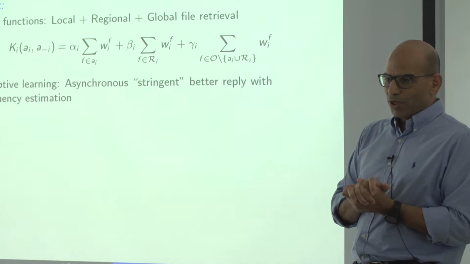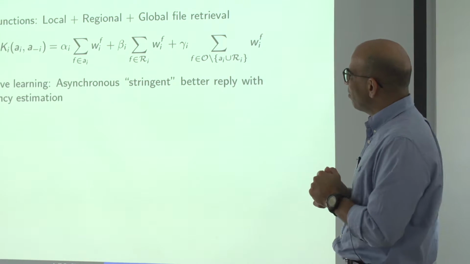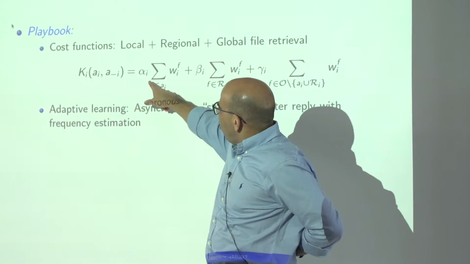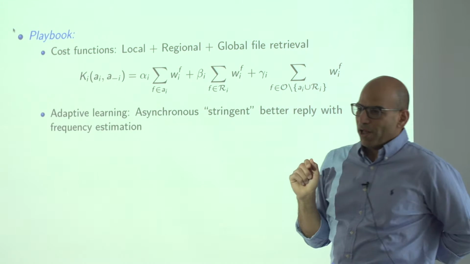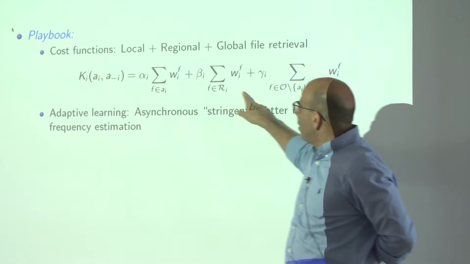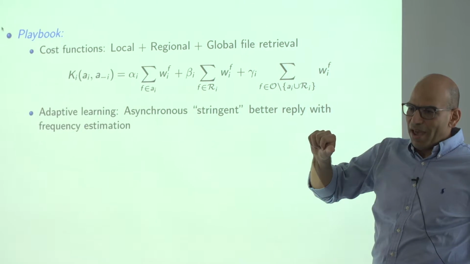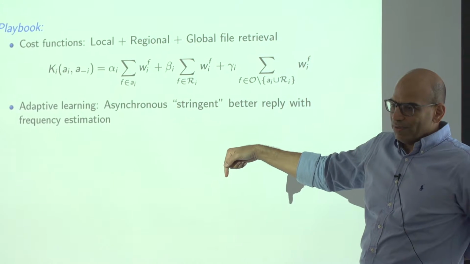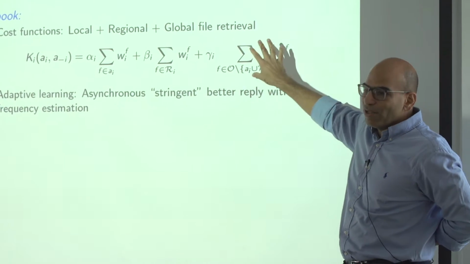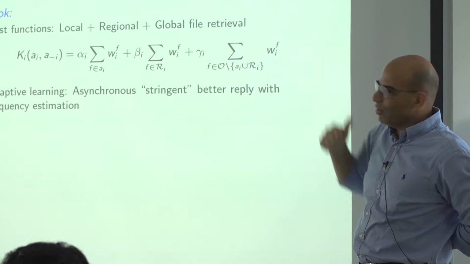So what is their utility function? Here it's represented in terms of a cost function. So everywhere I've been saying maximize, we minimize, but it's the same thing. So my cost function is: what's the cost of the local file requests, and that depends on the frequency of the file requests, plus what's the cost of the file requests that I don't have but my neighbors have, plus what's the cost of file requests that I don't have and my neighbors don't have that I have to get from the central storage.